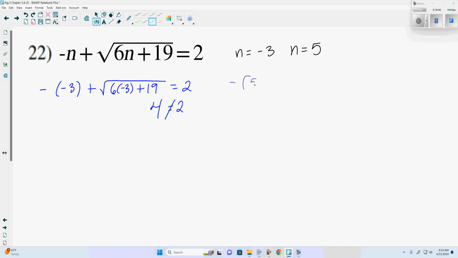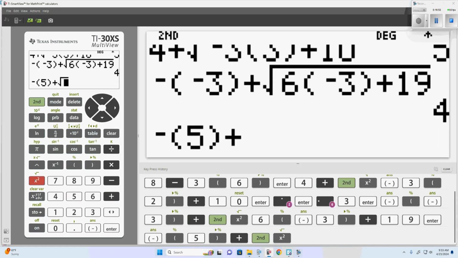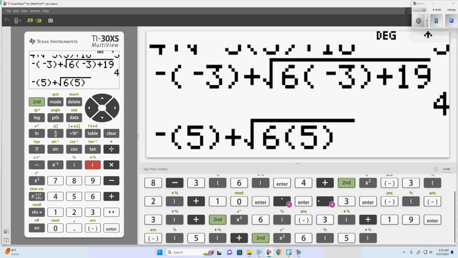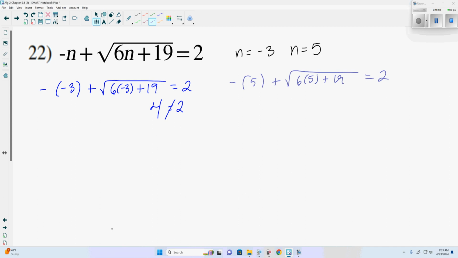Then 5 plus the square root of 6 times 5 plus 19 is equal to 2. Negative 3 does not work. 5 does.